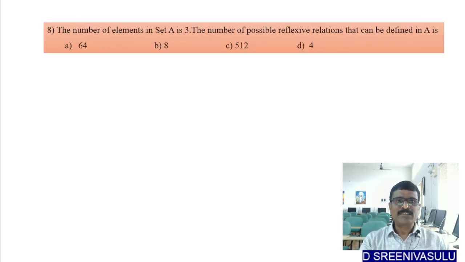Question number 8. The number of elements in set A is equal to 3, n(A) = 3. Number of possible relations. What is the formula?